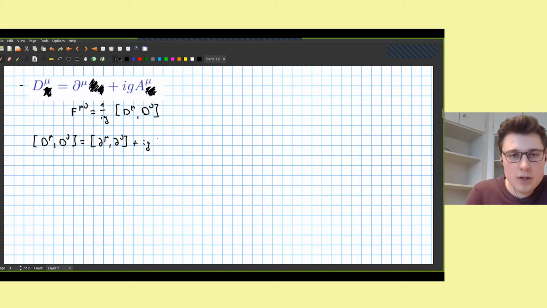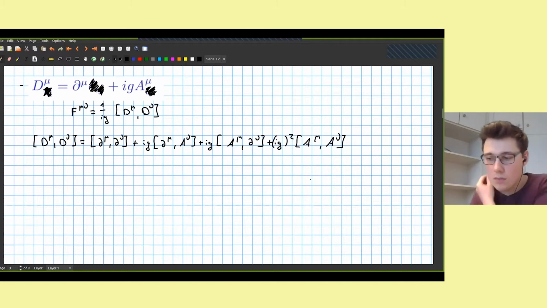This is an ig [∂_μ, A_ν] and an ig [A_μ, ∂_ν]. And the last term is (ig)² and the commutator of A_μ and A_ν.